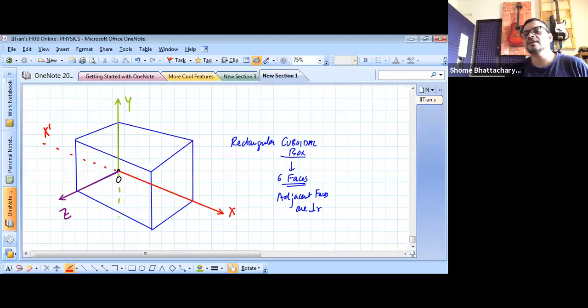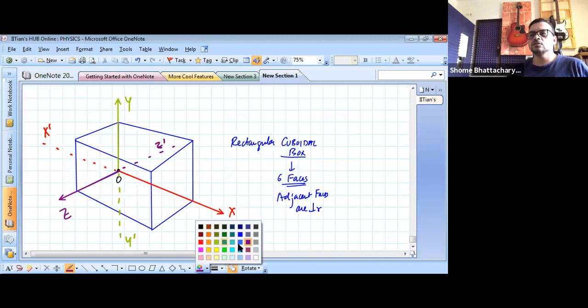This is your negative y-axis or your y prime axis. And this continues like this. That's your z prime or negative z axis. Okay. So this is another way to visualize your 3-dimensional coordinate system.